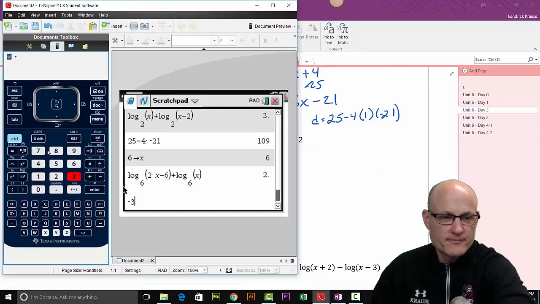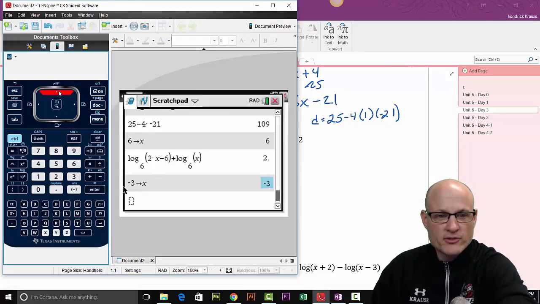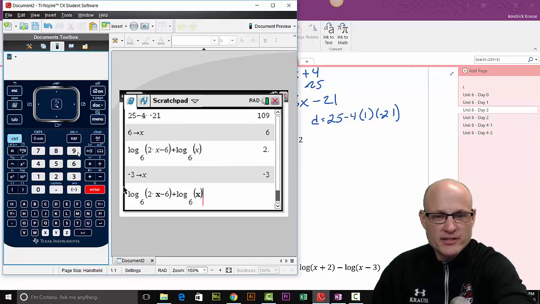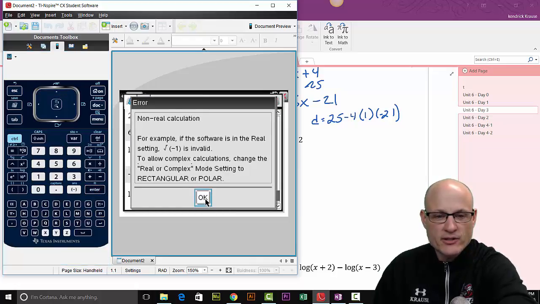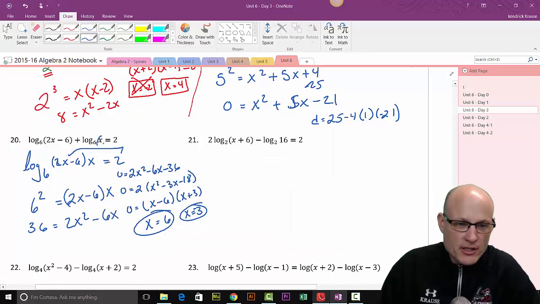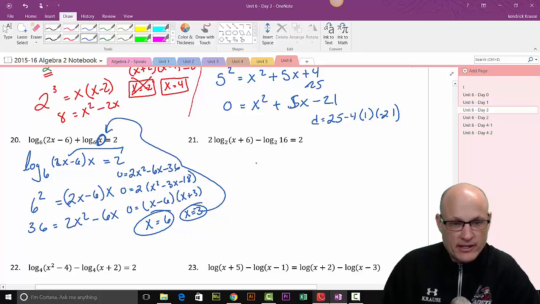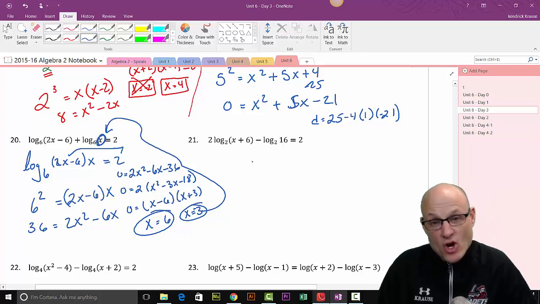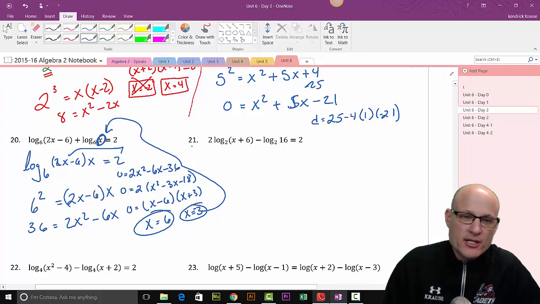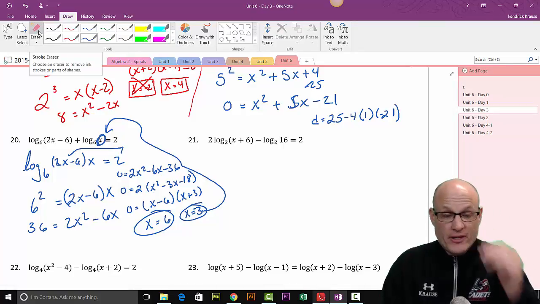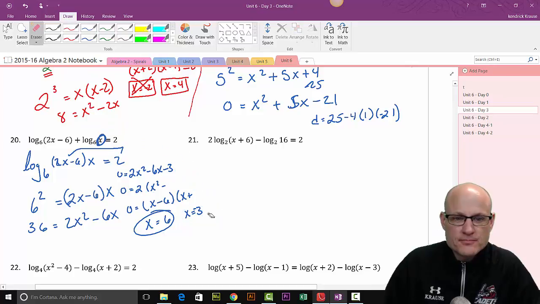Now let's store -3. We store -3 in for x. And then I want to just highlight that line and do it again. Don't retype it. That's silly. Oh. We get non-real calculations. And once again, you can't plug -3 in here. I should not even have bothered, because I know if I plug -3 in there, I'm taking the log of a negative, which is not possible. You can pause it if you want, because I'm about to erase it so I have room for the next one.